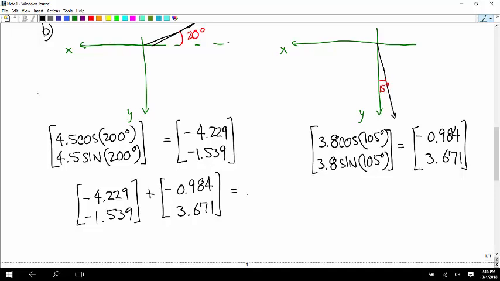And you get negative 5.213, 2.132, which is exactly opposite of what we got in part A. And the reason for that is that the axes are both exactly opposite of what they were before. If you rotate it 90 degrees, x switches to y, y switches to x, and one sign switches.